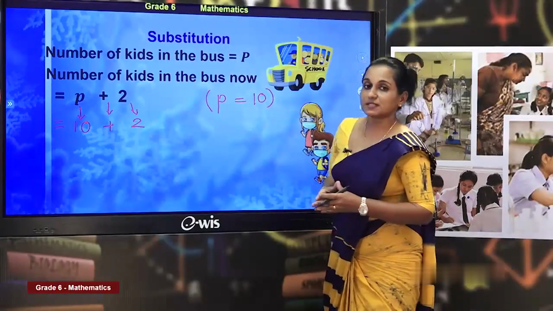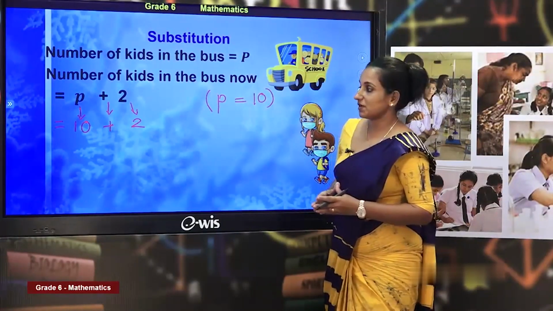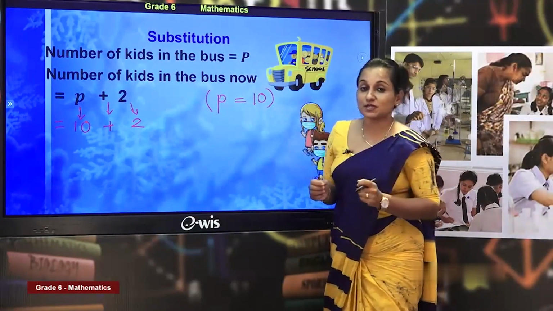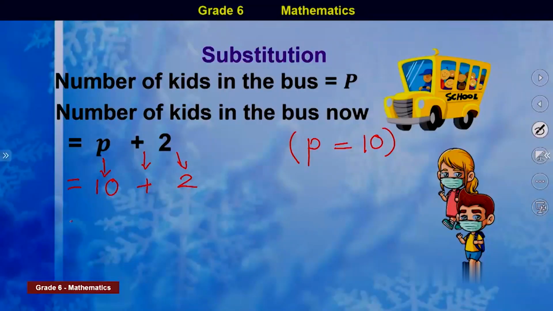What did we get, kids? We got a numerical expression. We know that we can simplify the numerical expression further. Then we can add 10 and 2 and get the answer as 12. What does this mean?